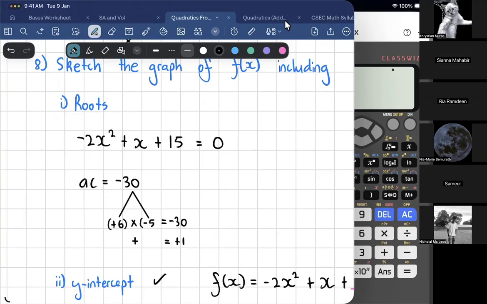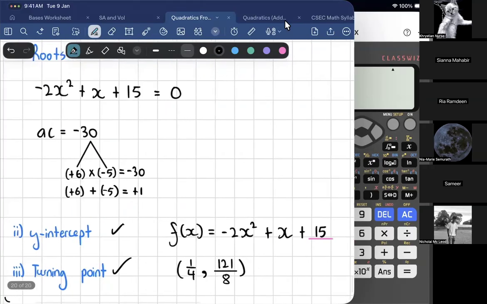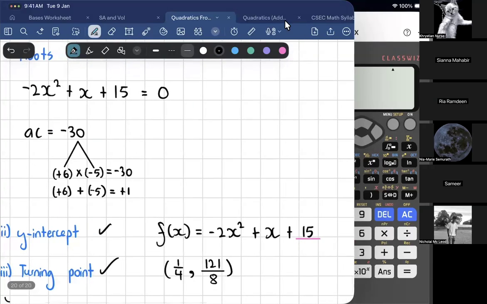Okay, do you all think that would work? Positive 6 and minus 5. Yes. Now, I agree that will work because positive 6 by negative 5 is negative 30, and plus 6 minus 5 is positive 1. So that seems good. Next thing we're going to do is split up the middle term into what, Sienna? What am I going to split up my middle term into?